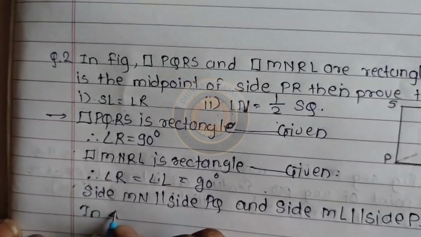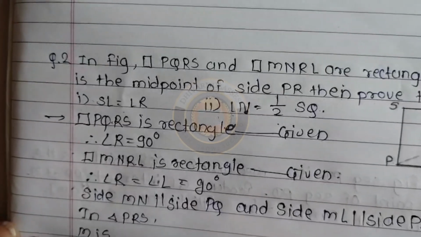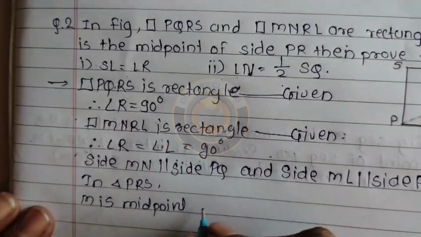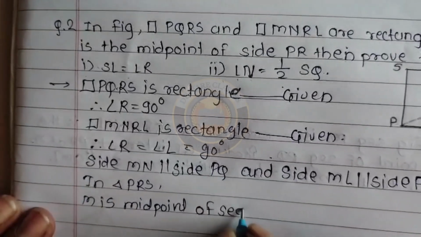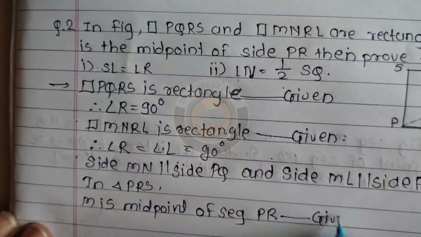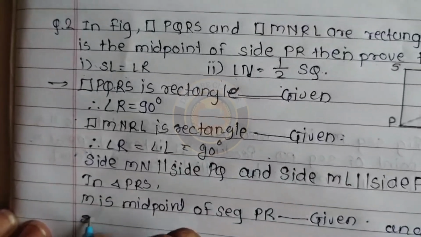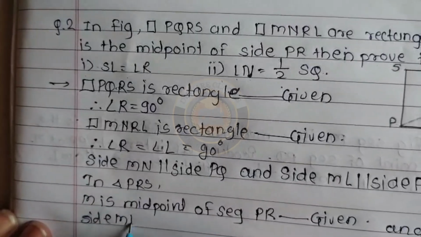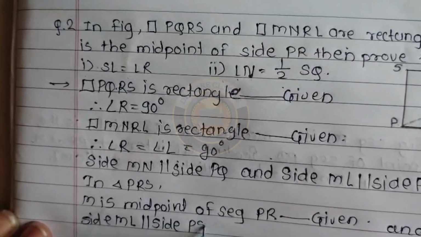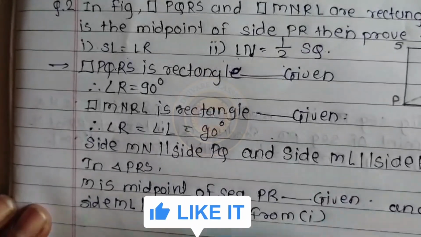In triangle PRS, M is midpoint of segment PR, given, and side ML parallel side PS from first.